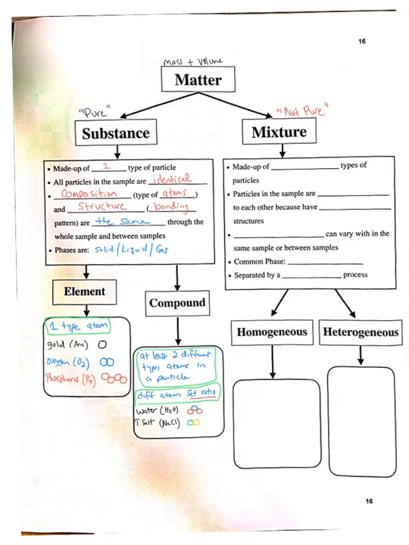So it's a mixture because the sample is made up of different types of particles. The particles within the sample are not identical to each other because they have different structures.